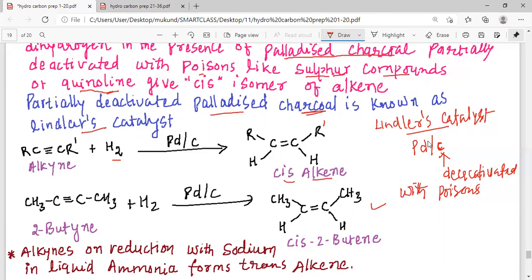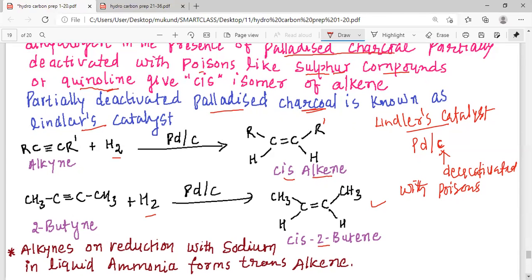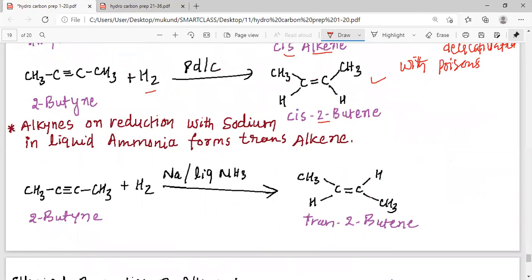If 2-butyne is allowed to react with hydrogen in the presence of Lindlar's catalyst, we shall get cis-2-butene, where both the hydrogens are on the same side of the double bond and both the methyl groups are on the same side of the double bond.